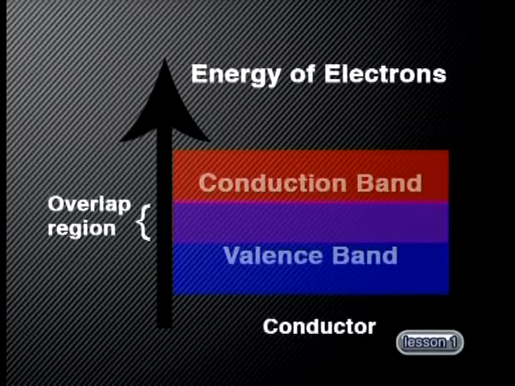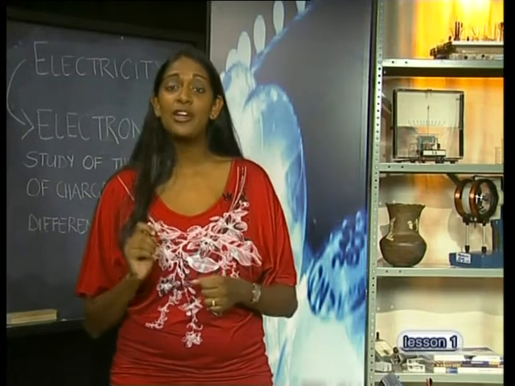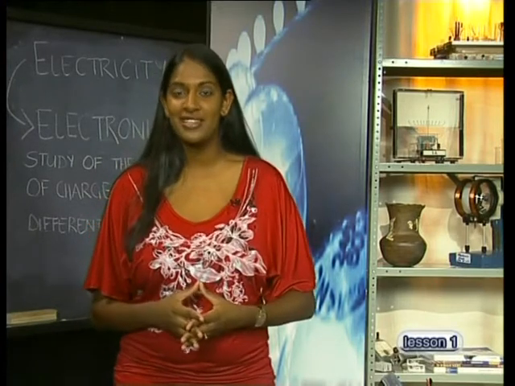When the overlap is large, the resistance of the conductor will be small. When the overlap is small, the resistance is larger because more energy is required by the electrons to get into the conduction band. And that's why we found that the resistance of the nichrome and copper wire were different. The overlap is smaller for the nichrome wire, which had the larger resistance. The overlap for the copper wire was larger, which had the smaller resistance.